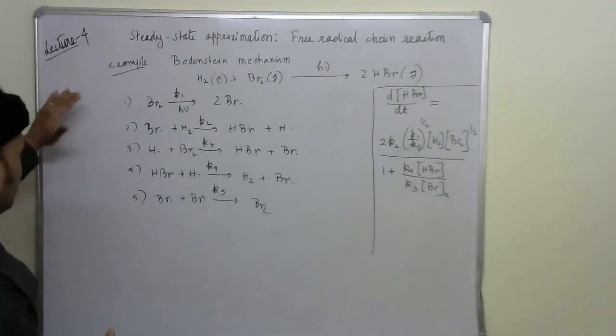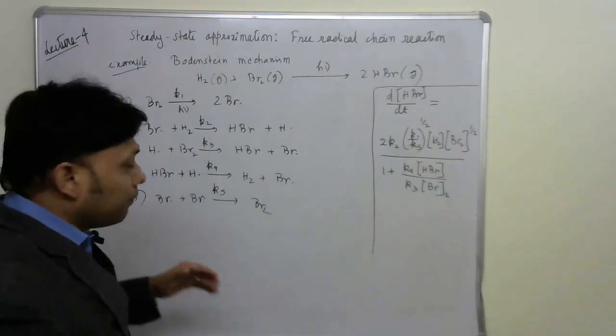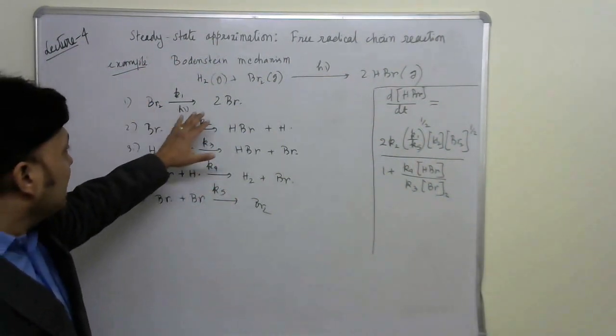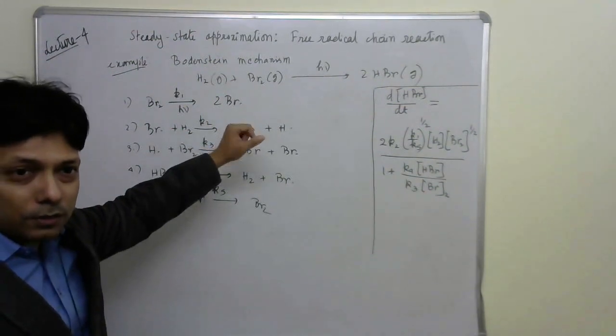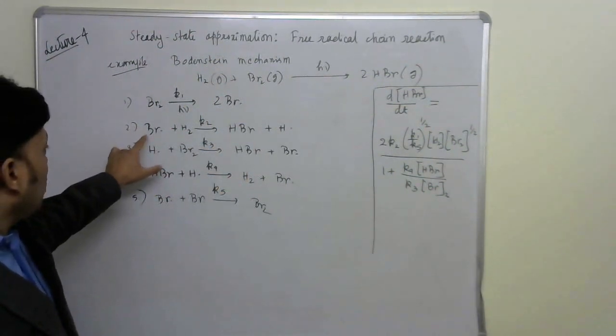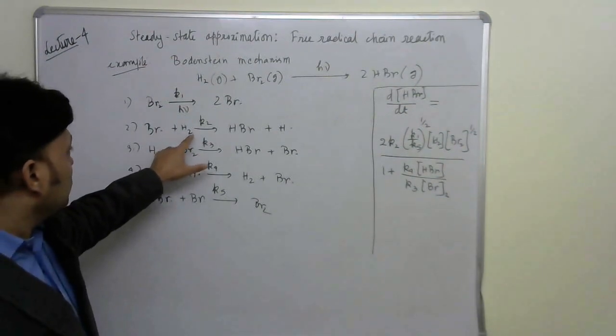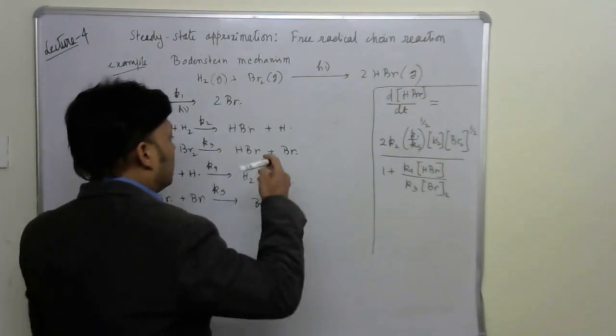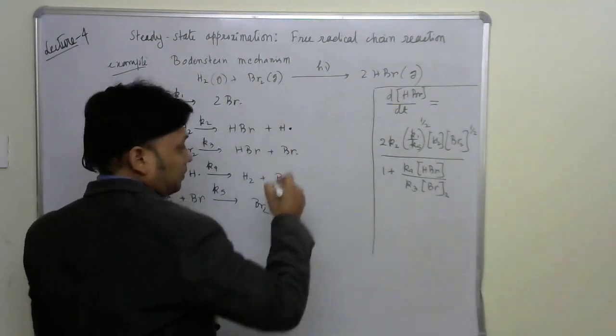Now, before we go into the detail, let me tell you, this reaction proceeds by 5 principal steps. The first step, the bromine molecule gets dissociated into Br dot, which is a free radical. And then the Br dot reacts with H2 to get HBr, which is the product, plus it again forms an H dot.